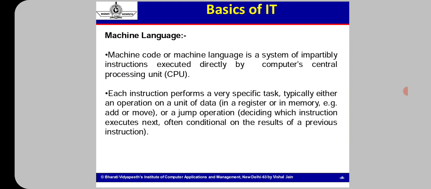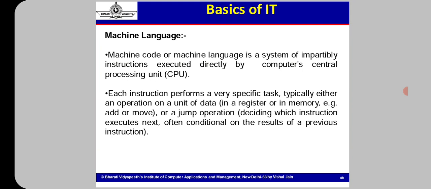Why? Because the computer is generally built up with electrical, electronic, and mechanical devices, and electrical circuits and boards. All electrical equipment has only two properties: either the current is passed, or the current is not passed.